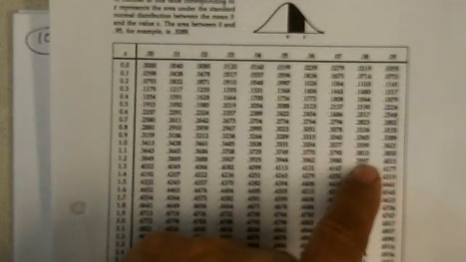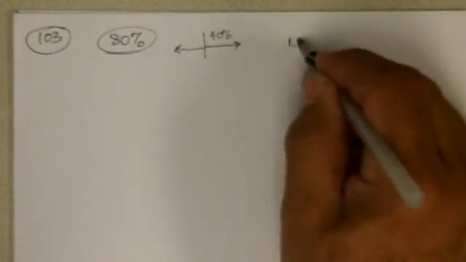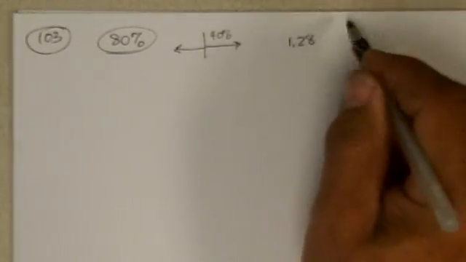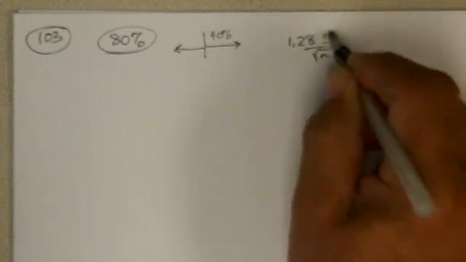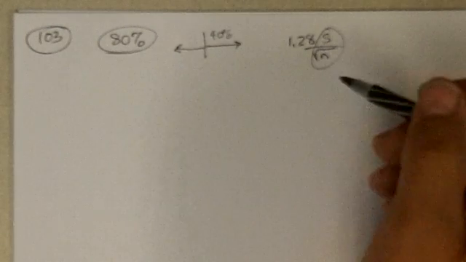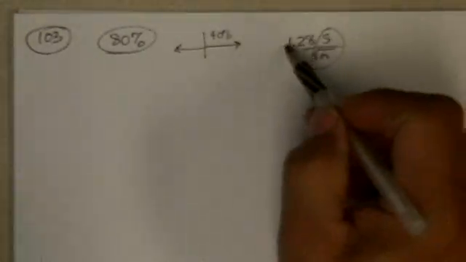It's closer to this one, so we'd use 1.28. So we'd use 1.28 standard error bars, and that's what this S divided by the square root of n is, a standard error bar. Okay? So that's what we would use.